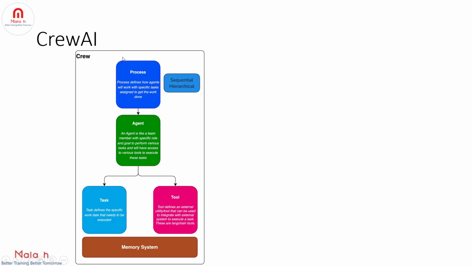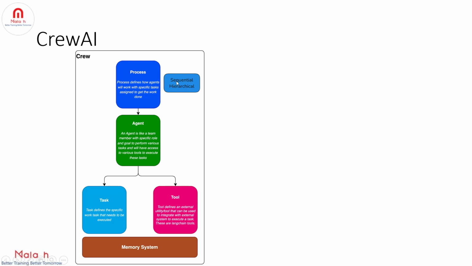So this process object is the workflow or strategy the crew follows to complete the tasks. And we have two strategies, like I said, defined by the CrewAI framework: sequential and hierarchical. Sequential means the output of one agent will be input to the another agent, and they wait for each other.